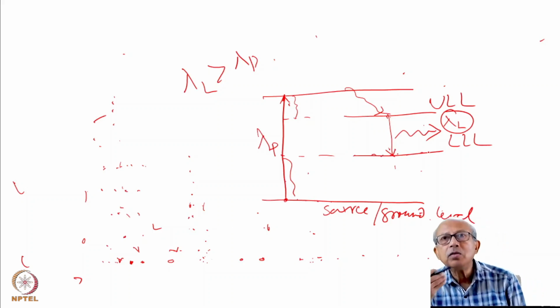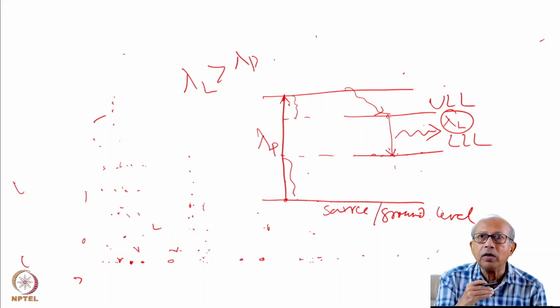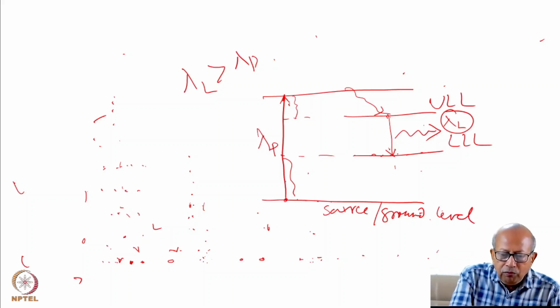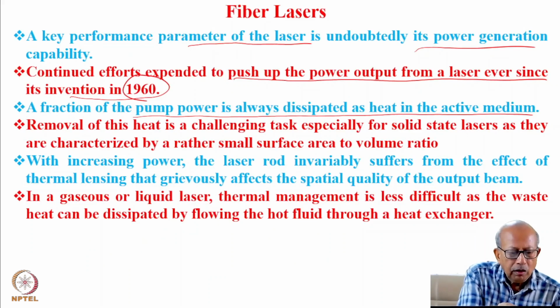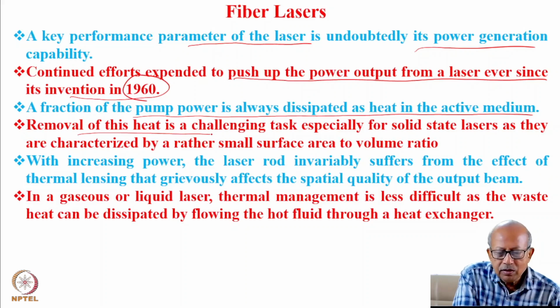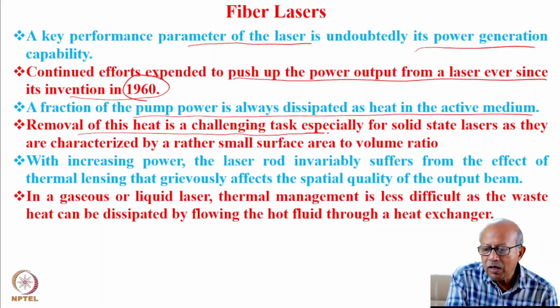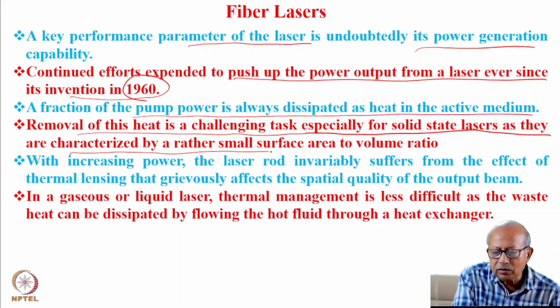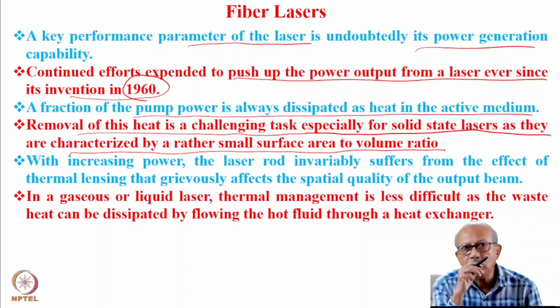This will tend to reduce the population inversion, and in turn will have an adverse effect on the performance of the laser. Therefore, removal of this heat is a challenging task, especially for solid state lasers, as they are characterized by a rather small surface to volume ratio.